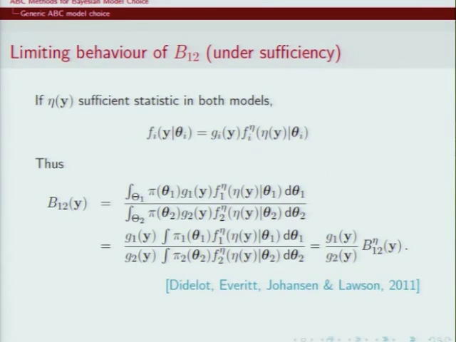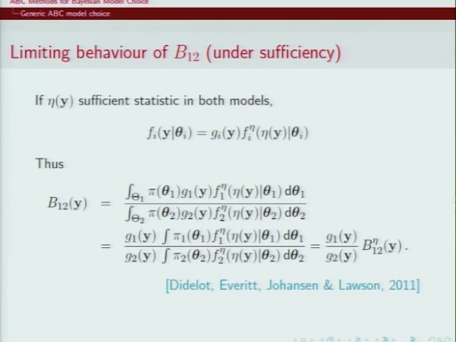And to show how much I lose, let's consider an a priori favorable case where eta is sufficient under both models. This never occurs in practical cases, but that's an ideal case just to look at the difference. If I am in a sufficient situation in either model, I have a factorization of the likelihood into a term that doesn't depend on the parameter and the density of eta.